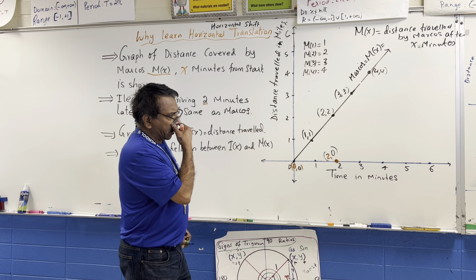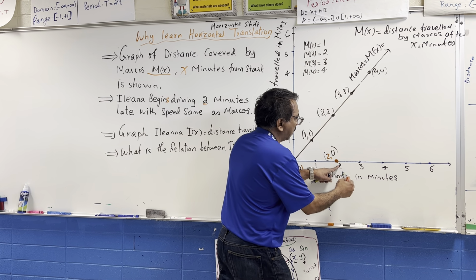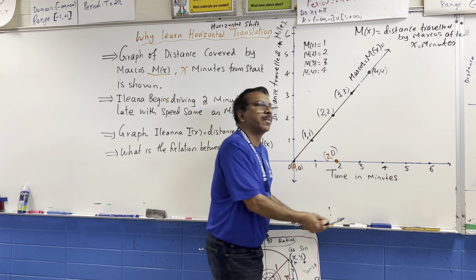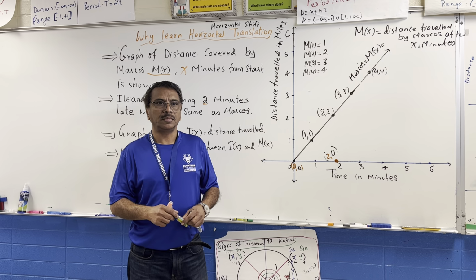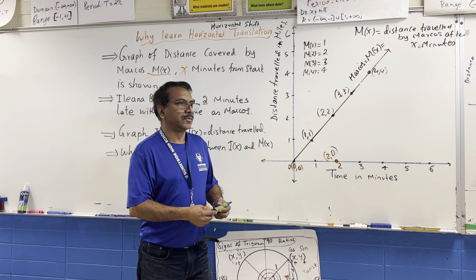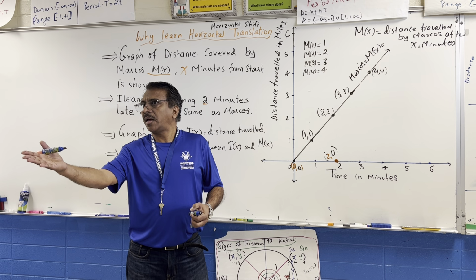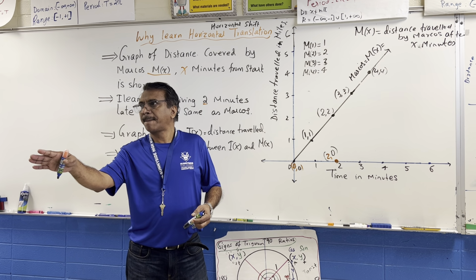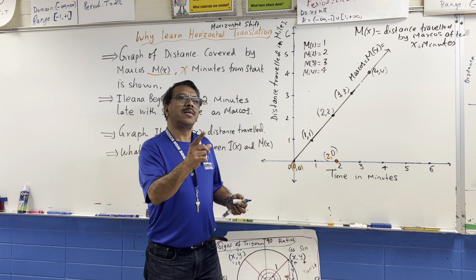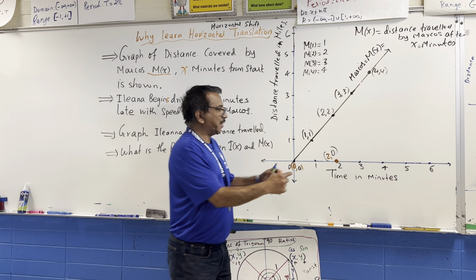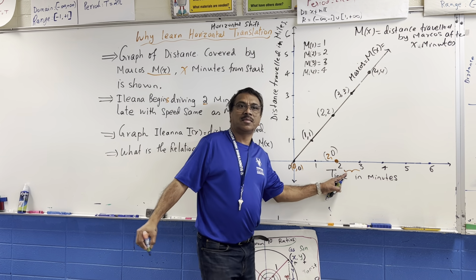And if she starts 2 minutes late, what do you think will be after one? After 1 minute, what happens? What do you see? How much distance does Elianna cover? Because of the speed, you are going to cover this every minute. How many miles? 1 minute, 1 mile, right? So if I start 1 minute from here to here, correct?